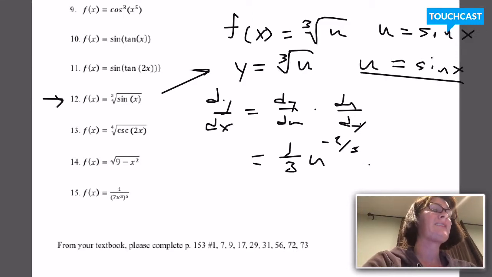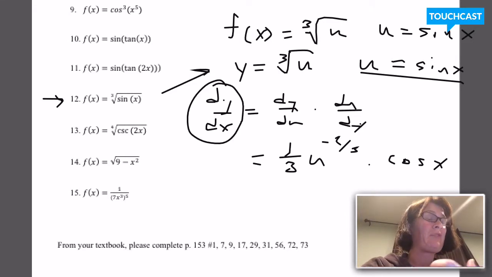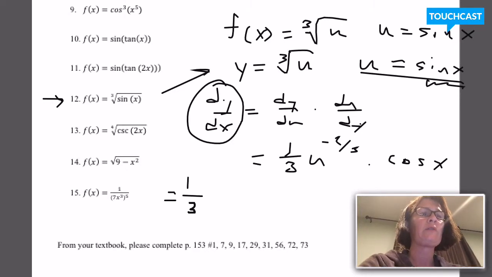So u is sine of x, du/dx is going to equal cosine of x. And then just notice we've been asked to give dy/dx, or f prime of x. The only variable I'm expecting in my answer is an x, so I would just come back through and replace u here with this expression for u. So my final answer would be 1/3 sine of x to the negative 2/3 times cosine of x.